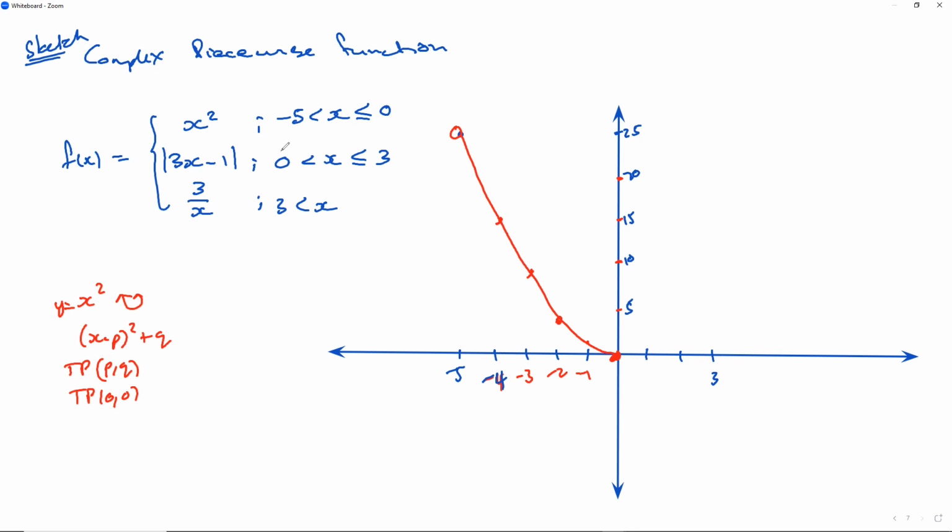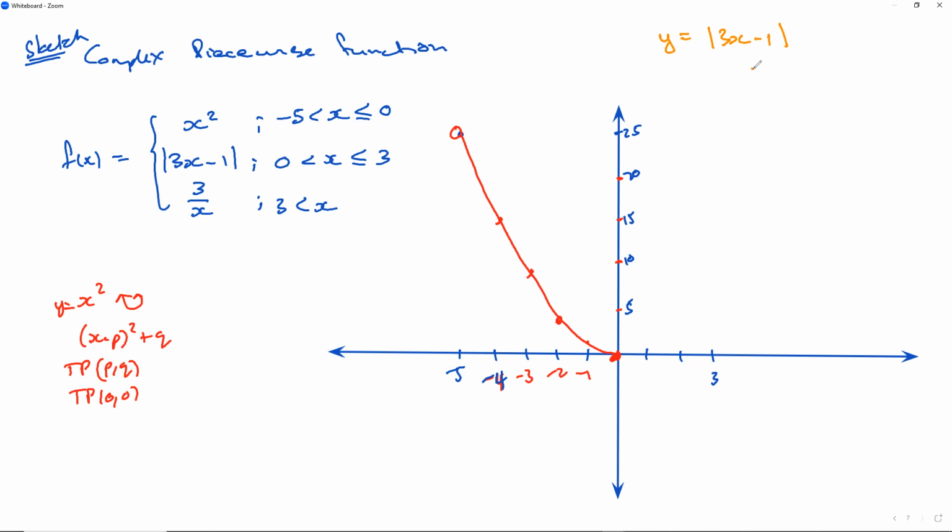Then the absolute value function takes over. Let's analyze that one now. This absolute value function, let's go at the top here, y equals the absolute value of 3x minus 1. We can see from here that if I take 3x minus 1 and make it equal to 0, x will equal 1 over 3. Which means if I put 1 over 3 in here, y will be 0. Okay, so that means 1 over 3 and 0, because remember this function here is plus 0, which means it's not actually going up or down, it's just going left or right.